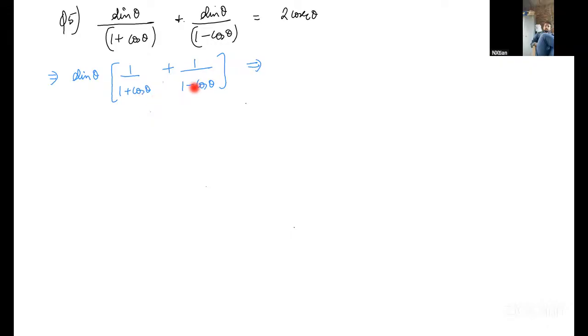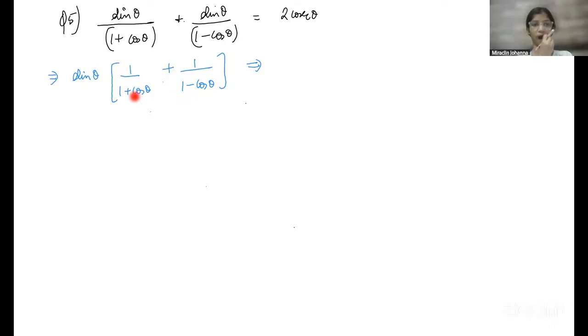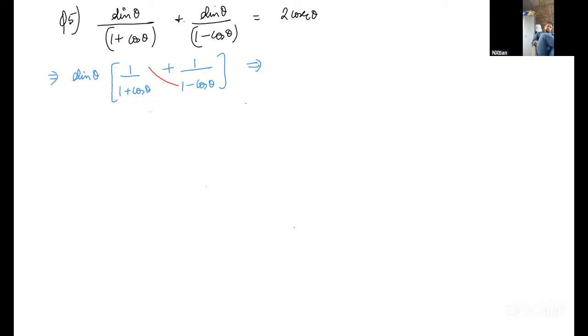Like the second fraction's denominator will multiply with both numerator and denominator. Like that, you are trying to say? Yeah. Okay. So this will multiply with both, and this will also be multiplied with both.